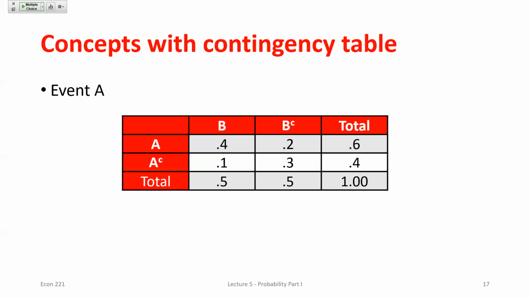It's the entire space, so 1. Notice these total columns: the probability of A plus the probability of A complement, 0.6 plus 0.4, is 1. And the probability of B plus its complement, 0.5 plus 0.5, also adds up to 1.